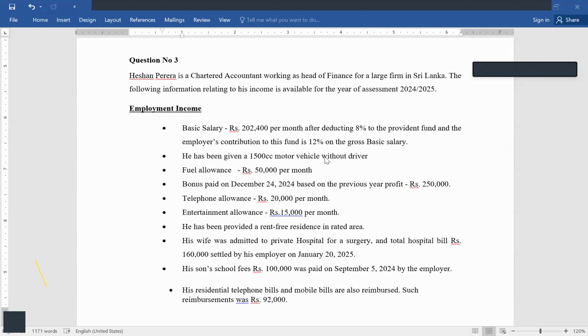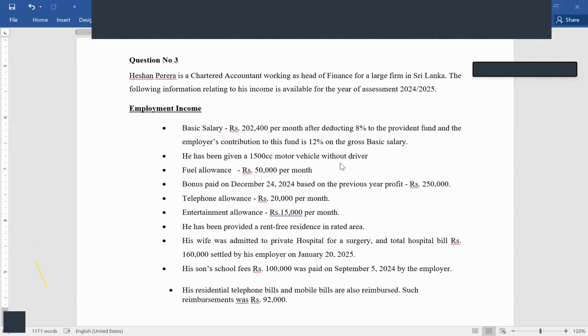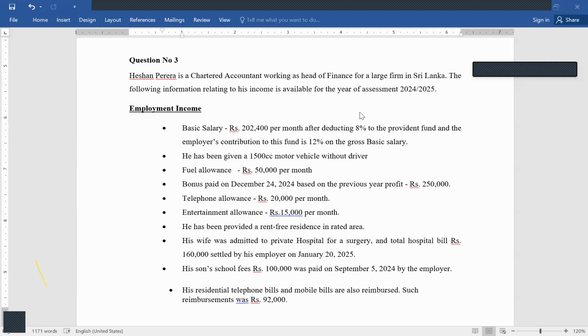If it is only the vehicle, that is 20,000.